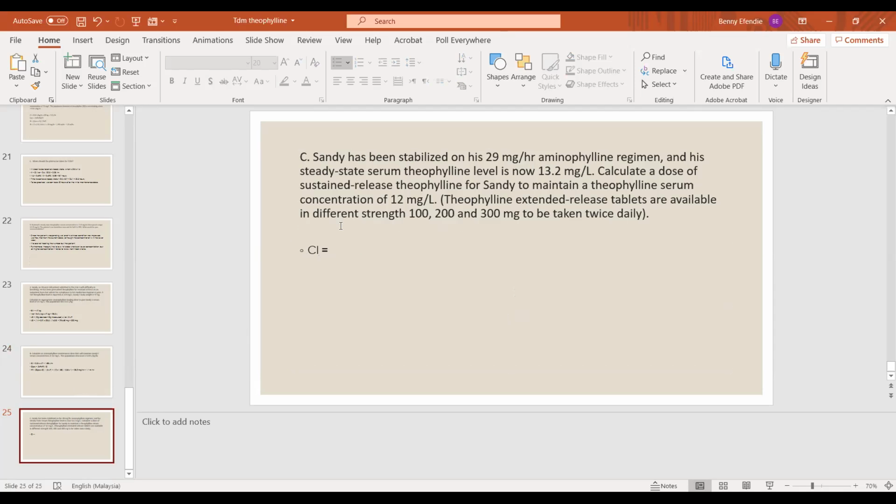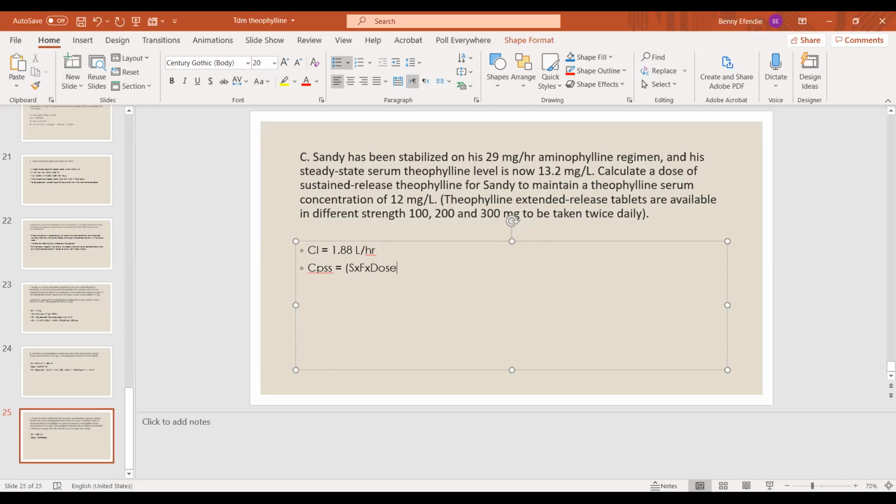1.88 liter per hour. So we use... do you know that there's also this, yeah, but it is S times F times dose.